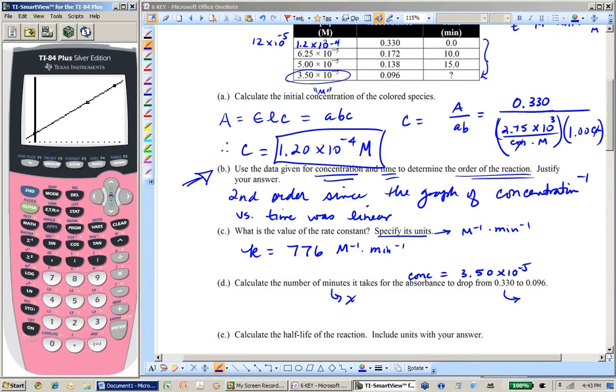I'm looking for reciprocal concentration in my Y. So I know the Y, I'm in search of X. So Y equals 3.5 second EE to the -5, but the reciprocal thereof. Choose enter, choose graph.